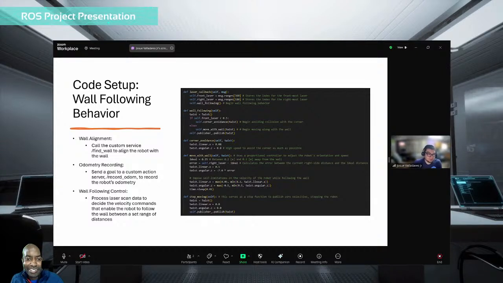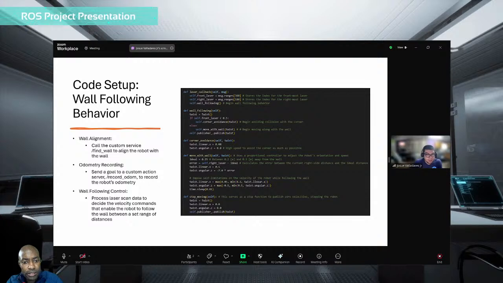What this does is, we want to be between 0.2 and 0.3 meters, so our ideal is right in between at 0.25. This calculates the error between the distance in self.right_laser minus the ideal.